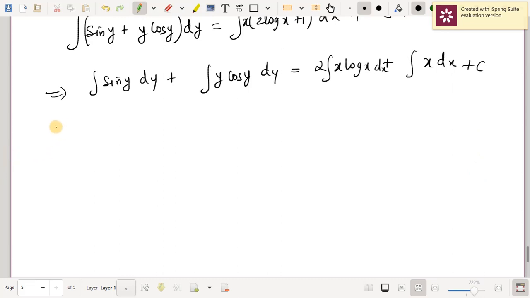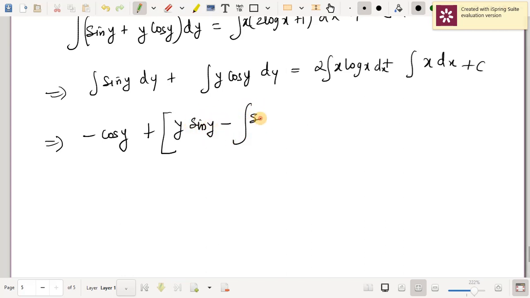If I integrate this further, the integral of sin y is minus cos y plus, here we use a very old fashioned technique, the preference ILATE. It's already in that form. So integrating, this is y into the integral of cos y, that is sin y, minus the integral of cos y, that is sin y.